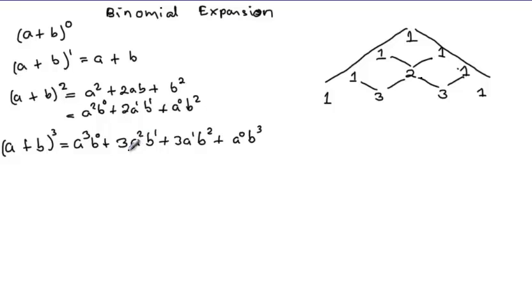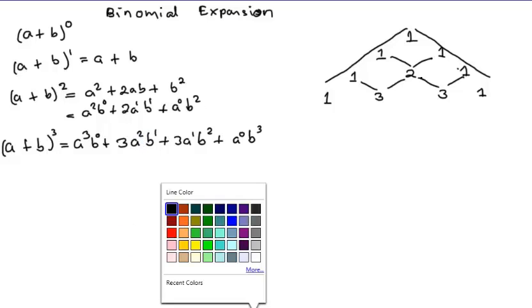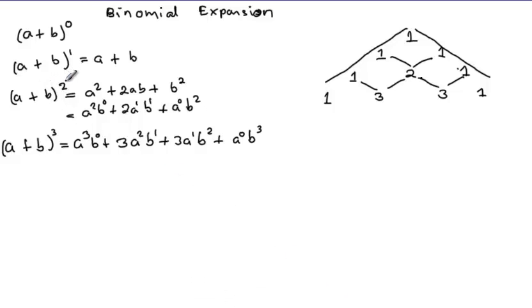Then the other thing which is very important, check this. This is power 2 here. The very first coefficient after the leading term is 2. It's power 3 here. The very first coefficient after the leading term is 3. That is also interesting.